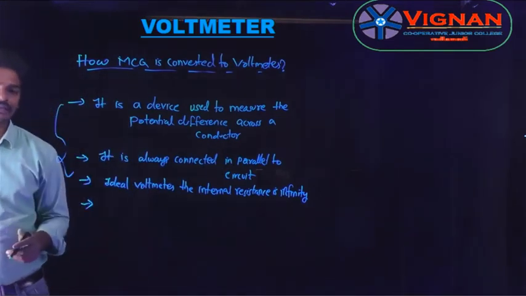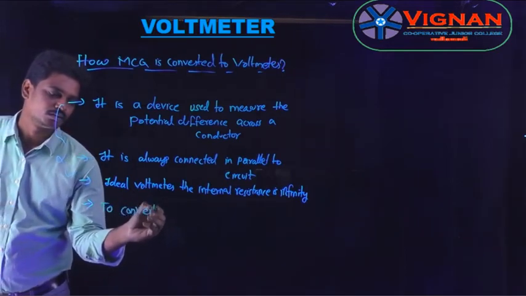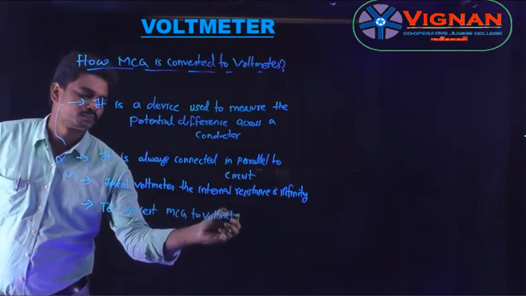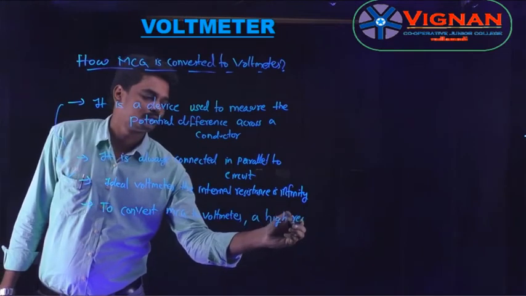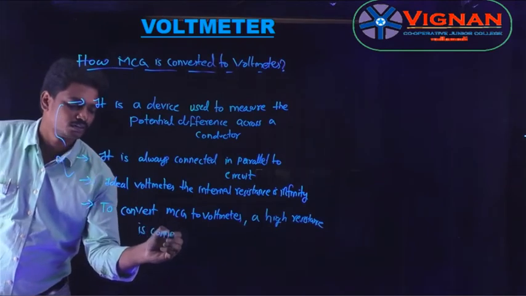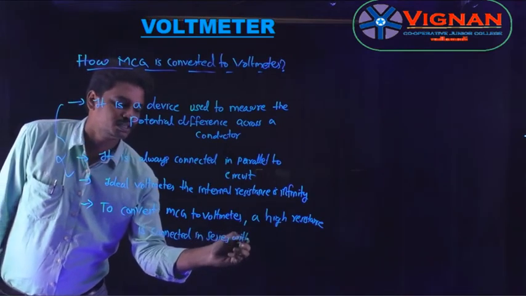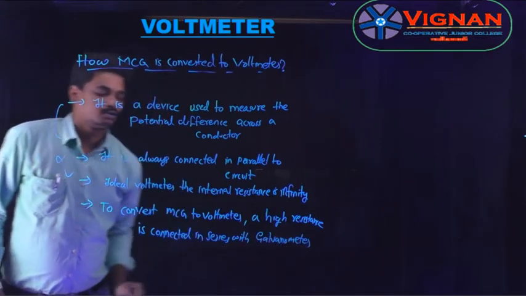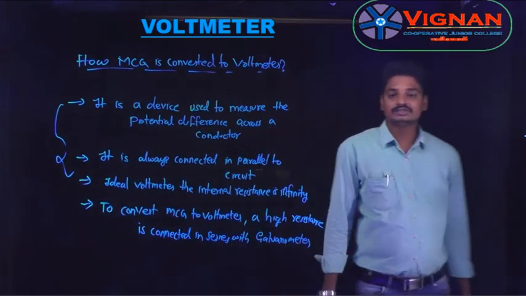To convert the moving coil galvanometer to a voltmeter, a high resistance is to be connected in series with the galvanometer.